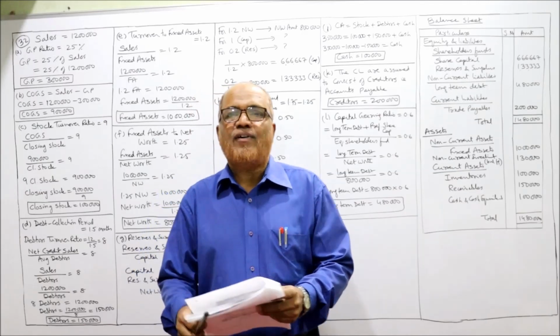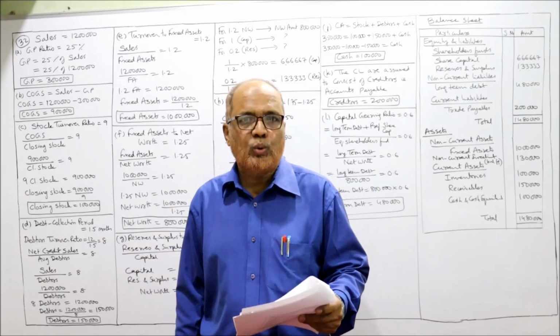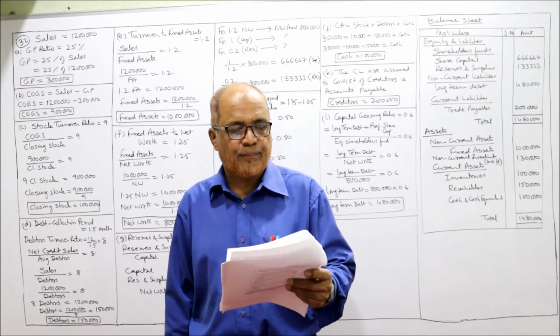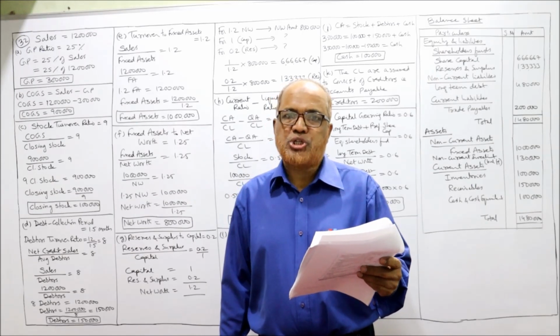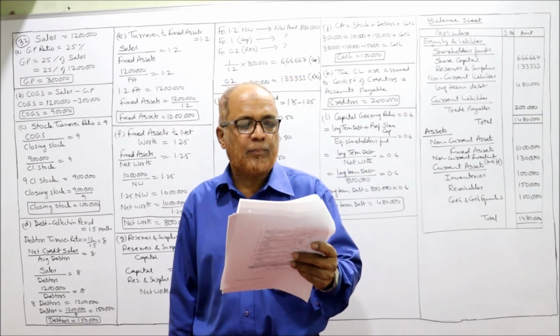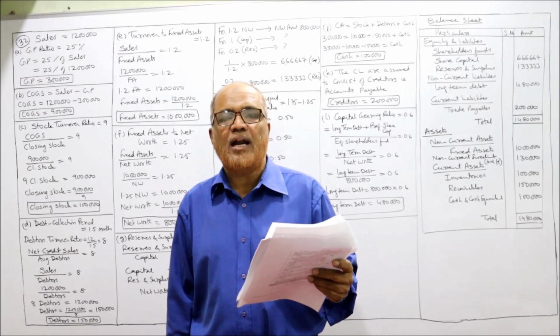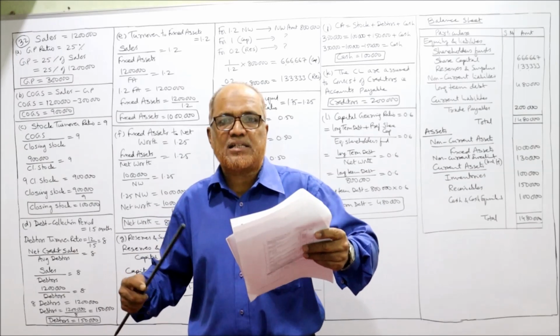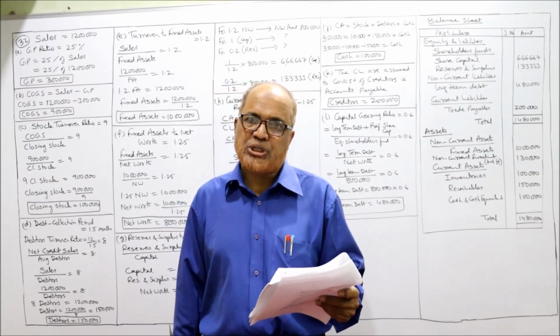Now, the last and final problem, problem number 32, I am going to read out. See carefully. From the following information, you are required to prepare a balance sheet. So again, we are given the ratios 1, 2, 3, 4 up to 10. 10 ratios are given, and by using these ratios, we have to extract the values which are required in making the balance sheet.